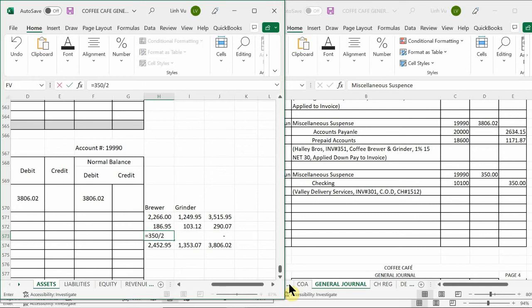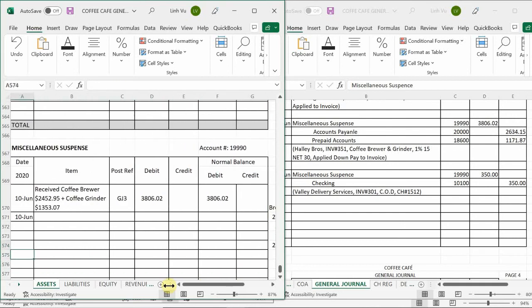So 350 divided by 2 is 175. And this was also 175. Okay, so there you go. $350 total, which is 175 to the coffee brewer and 175 to the coffee grinder. So I'm gonna make sure I put that in there.